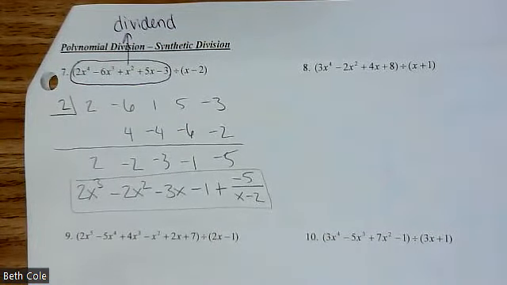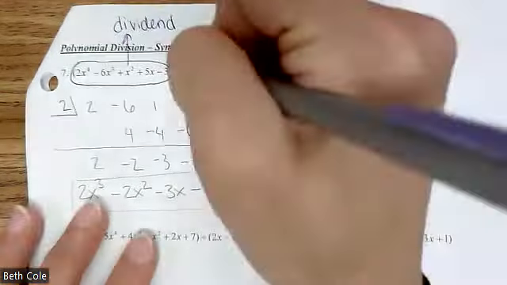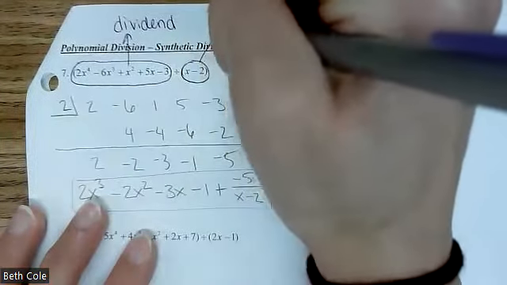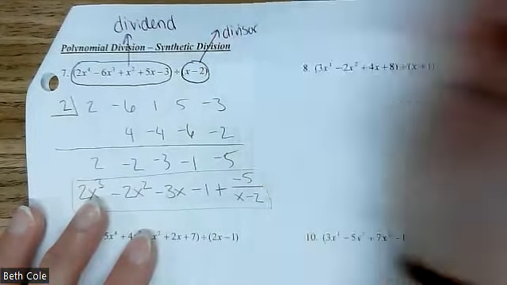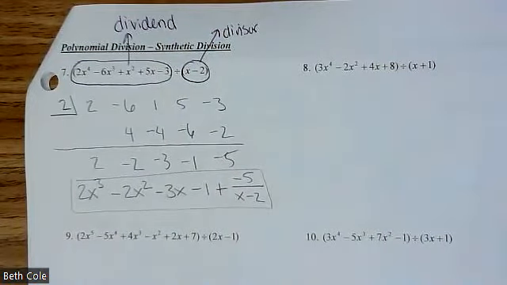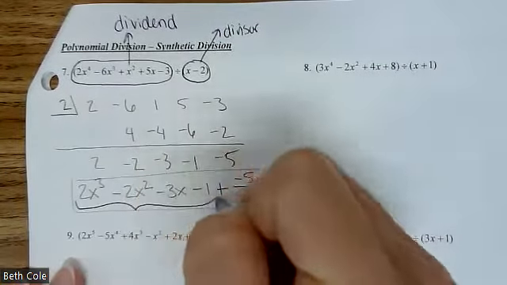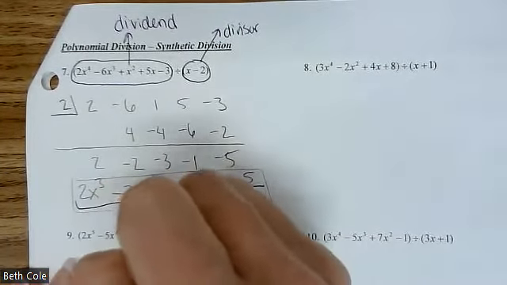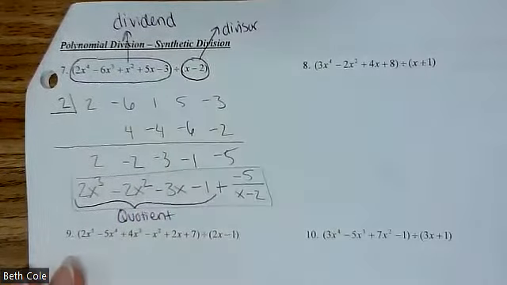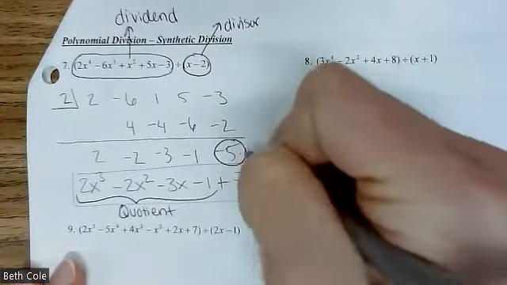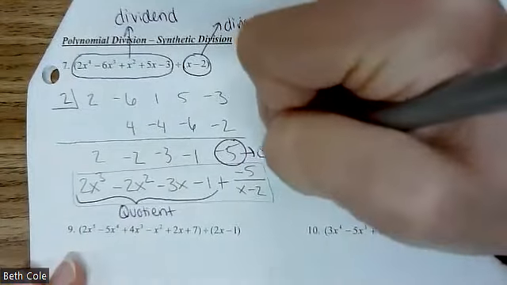Whatever you're dividing by is called the divisor. The answer you get is the quotient. And then whatever's left over is the remainder.